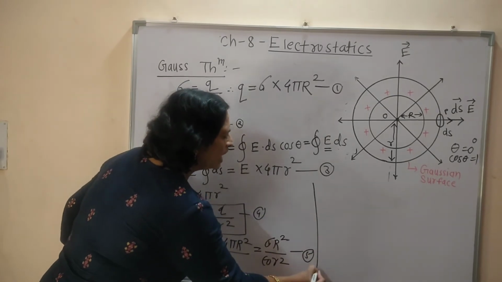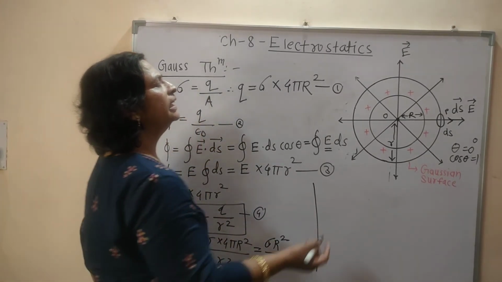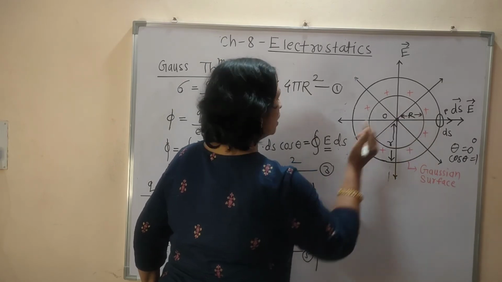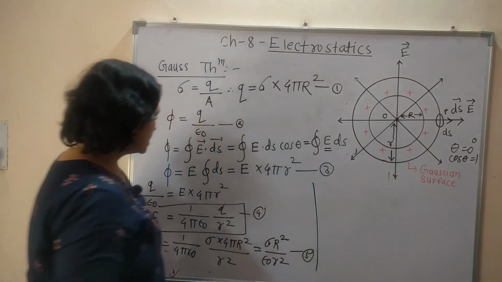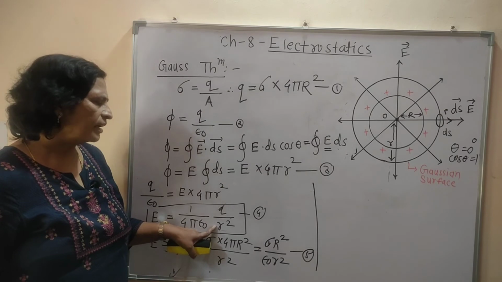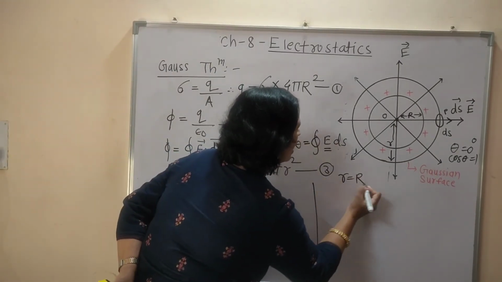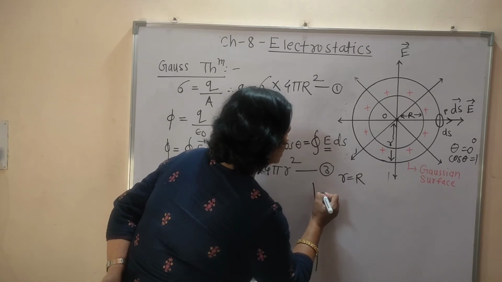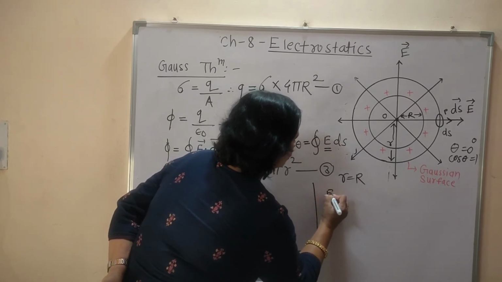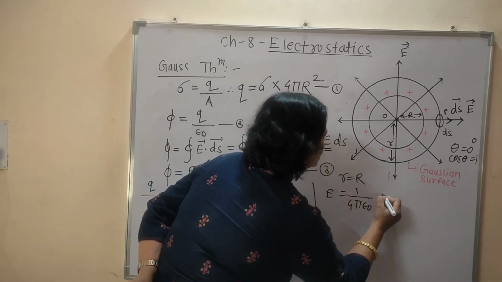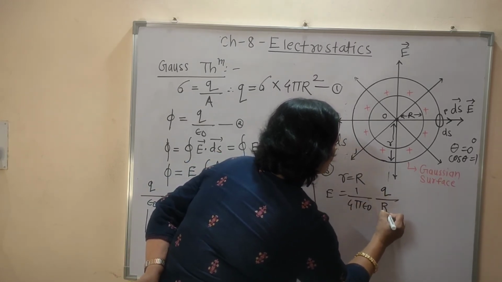Now we can calculate the electric intensity on this sphere whose radius is small r. At that time substitute the value of r equal to small r. Then electric intensity E equals 1 by 4 pi epsilon naught times Q divided by r square.